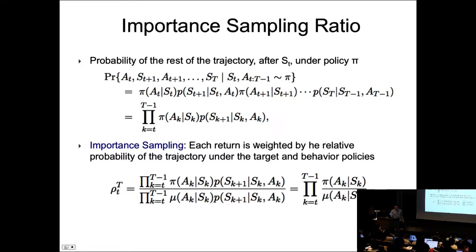Now, in importance sampling, each return is weighted by the relative probability of the trajectory under the target and behavior policy. So this is your target policy, and this is your behavior policy. Think of it as a new policy that you're trying to evaluate. Now notice what happens here. These quantities will be cancelled because you're working in the same environment.